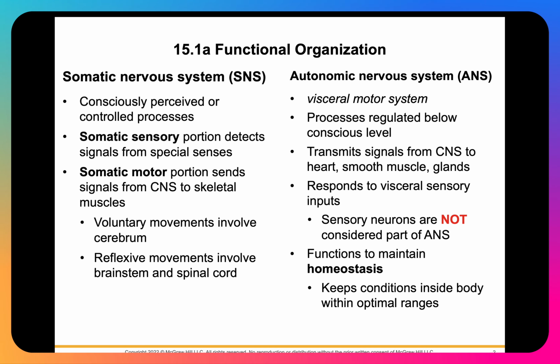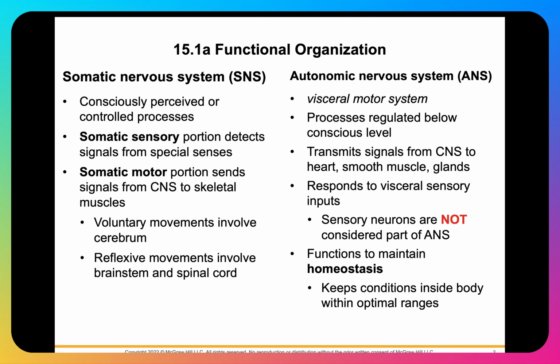So we're going to see signals that are coming from the central nervous system, and the target will be smooth muscle, glands, heart, etc. Now, keep in mind, sensory neurons, or that input, is not considered to be part of the autonomic nervous system. Visceral sensory input would be CO2 levels, oxygen levels, any stretch per se as far as a baroreceptor, those types of things.